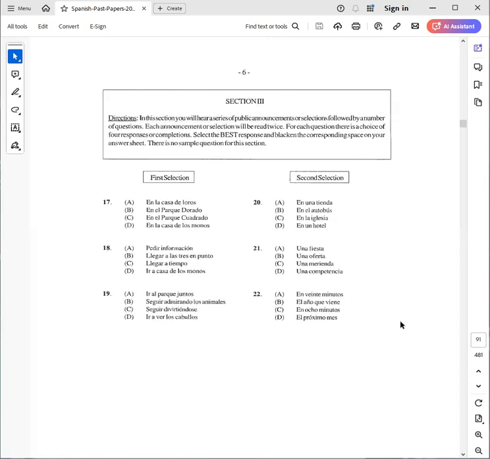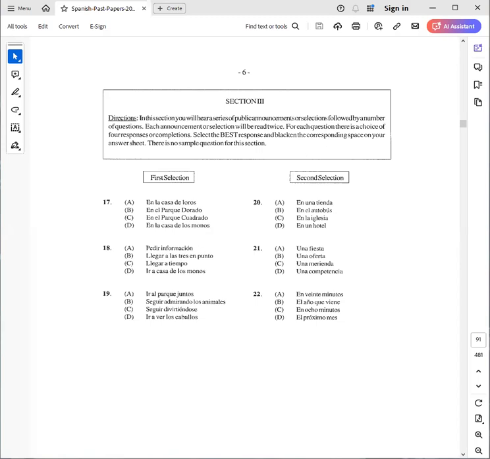Okay, so in this section, you will hear a series of public announcements or selections followed by a number of questions. Each announcement or selection will be read twice. For each question, there is a choice of 4 responses or completions. Select the best response and blacken, of course, in your answer sheet.